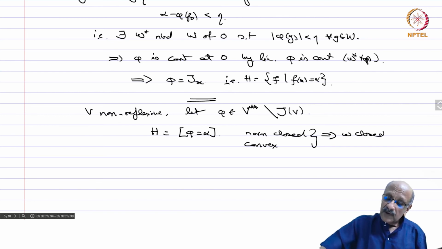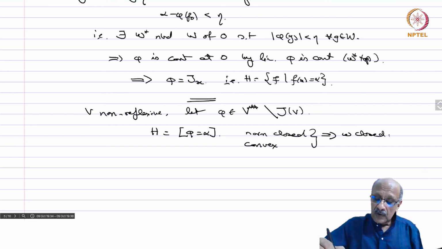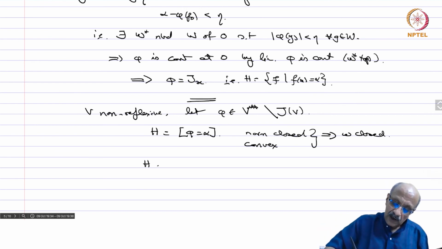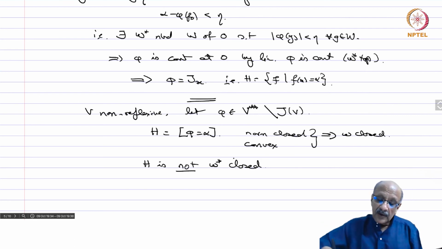We proved it yesterday. If you have a norm closed convex set, it is automatically weakly closed, but H is not weak star closed, because it is not of the form, phi is not of the form jfx. Therefore, it is not weak star closed. That is what we have just proved now.